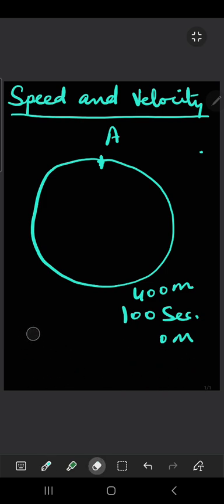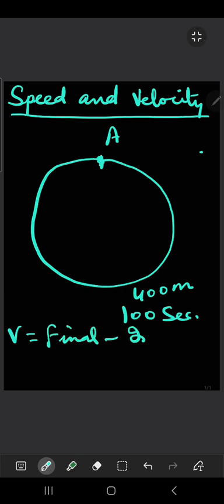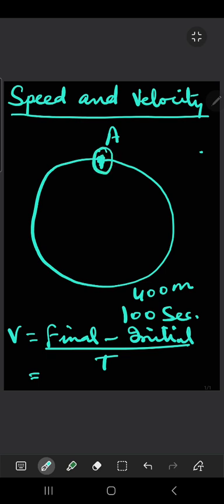Now if we have to calculate the velocity of the person. What we have learned is velocity is displacement upon time, and displacement is what? Final position of the object minus initial position of the object, upon time. So in this case, your final and initial position are same.